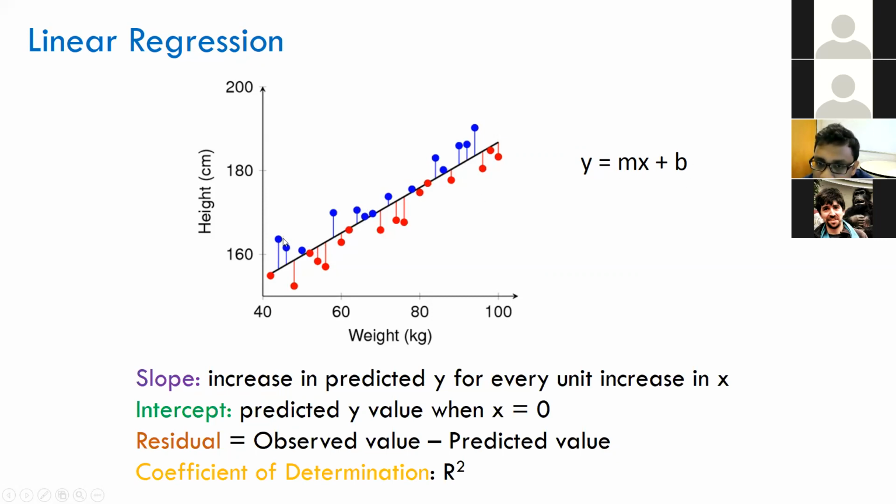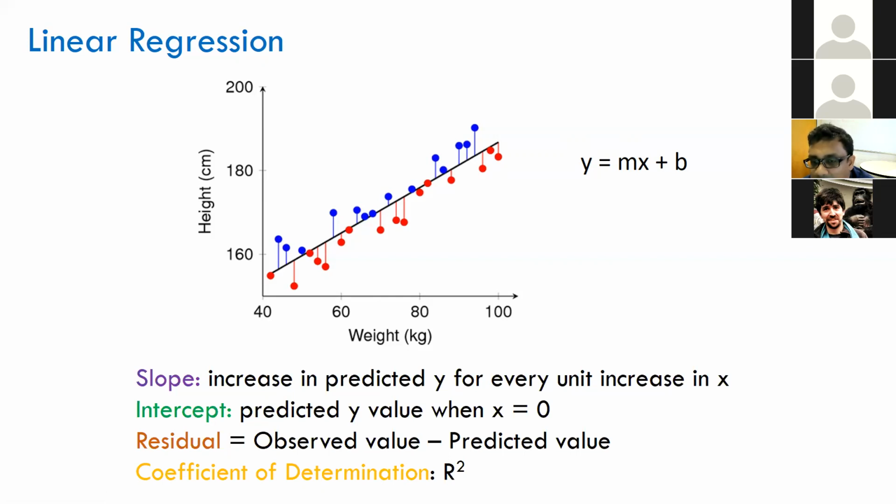But you can see some dots are above the line, some of them are below the line. So red dots are the below ones, blue are up. So residual means the difference. This is the actual dot and this is the model value. So the difference between this and this is called the residual.